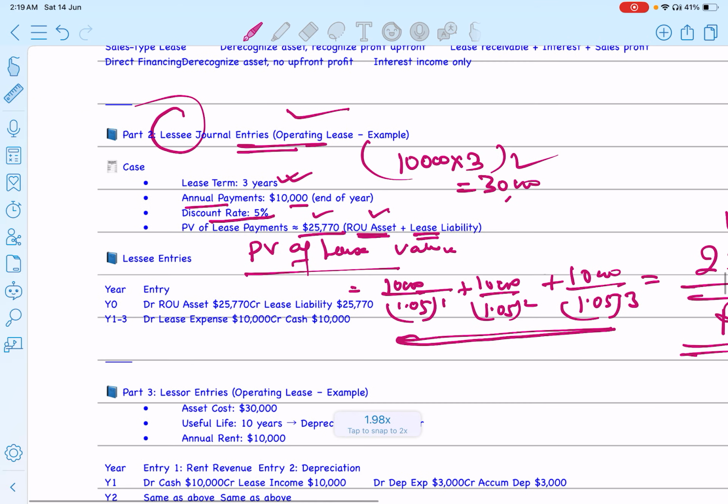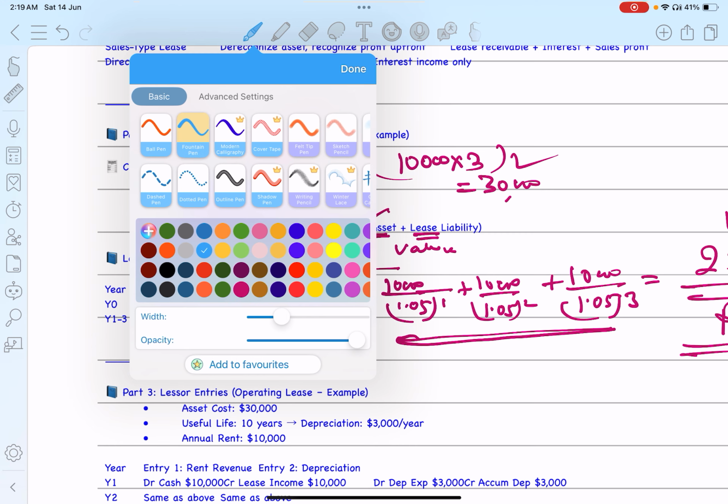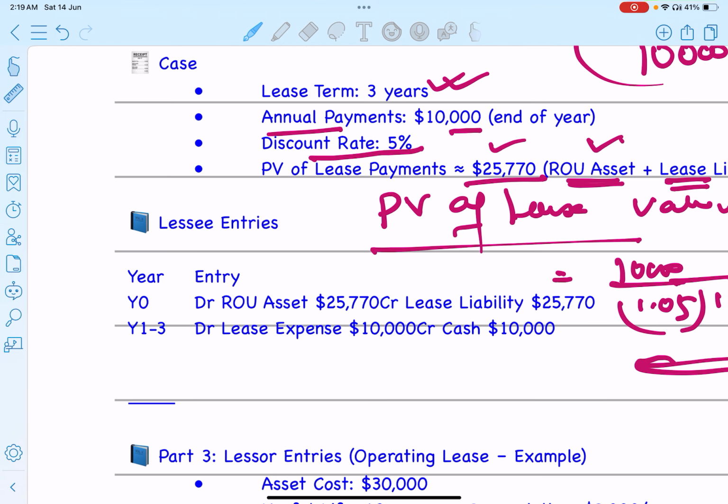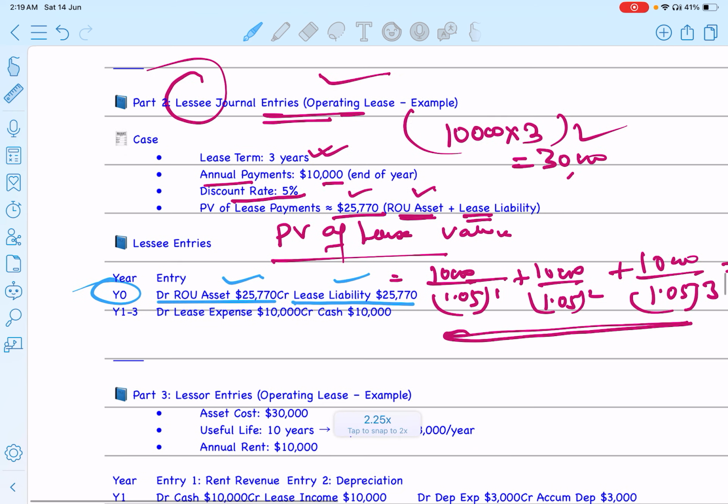Now the entry. First, you need to record the entry at year 0, meaning at the beginning. You debit the ROU asset and credit the lease liability, and both are of the same value, 25,770.